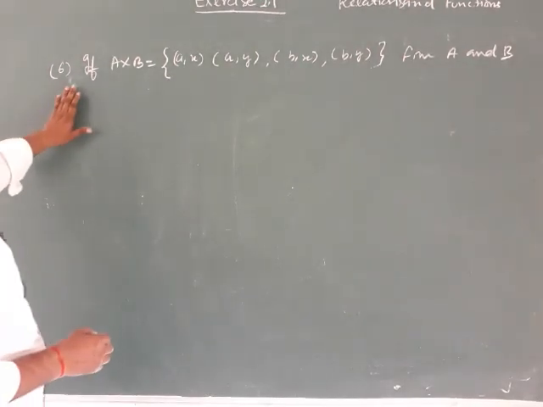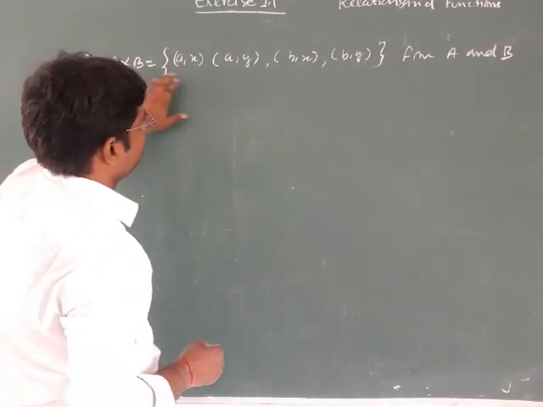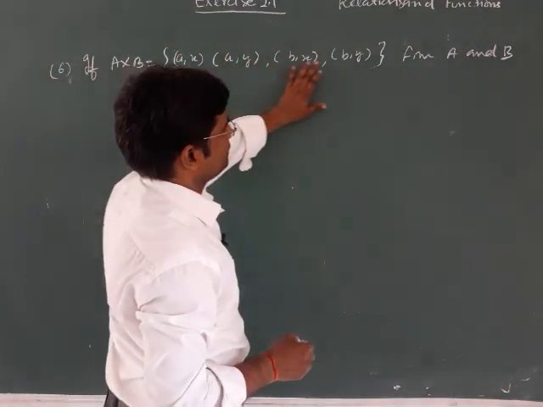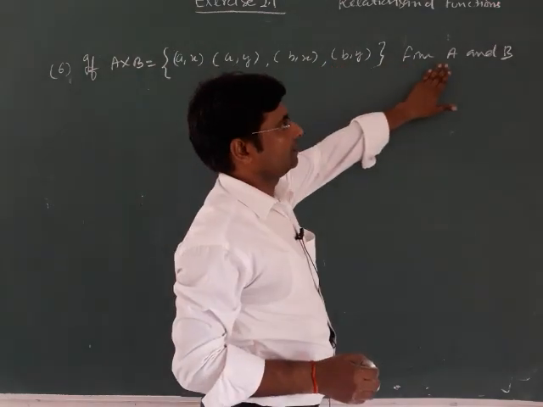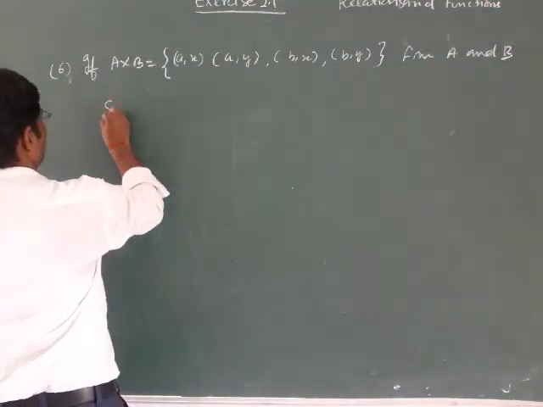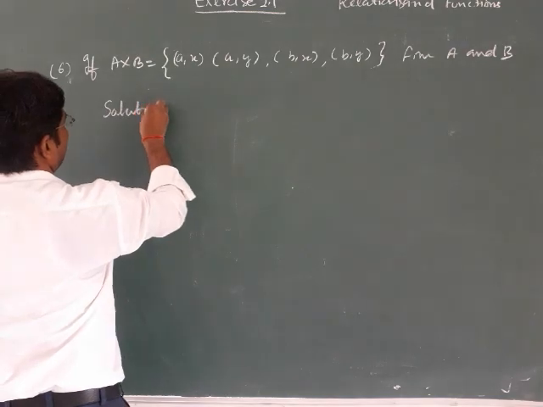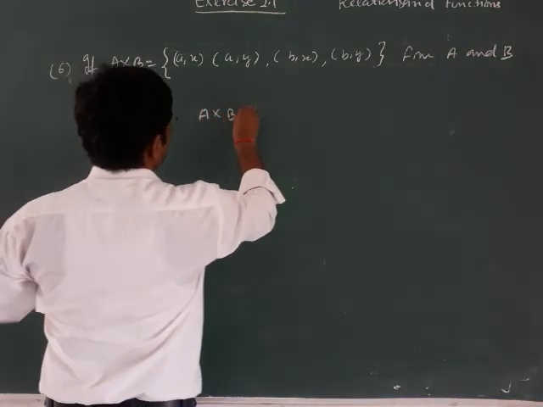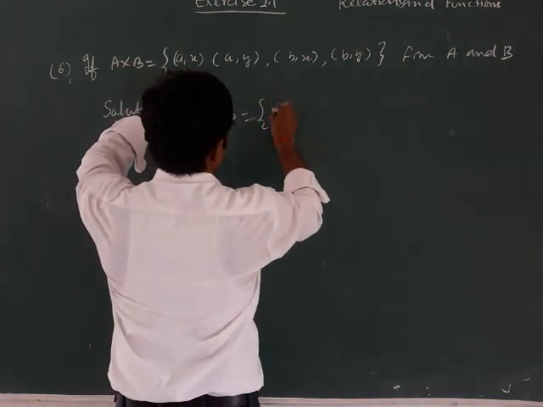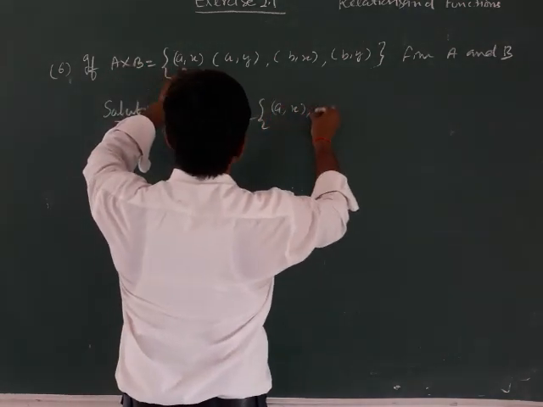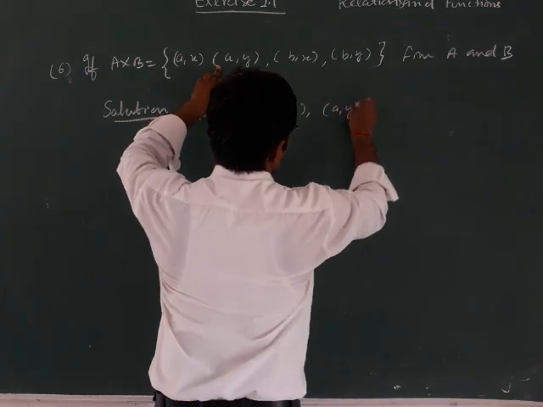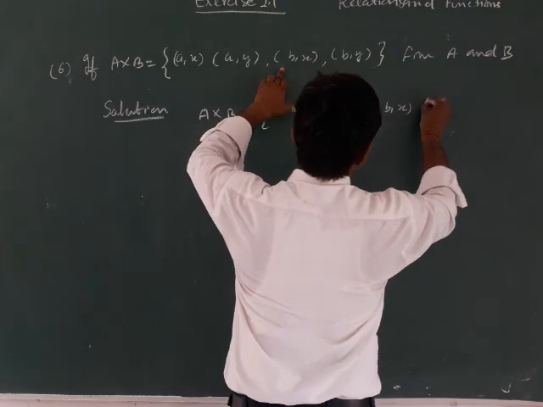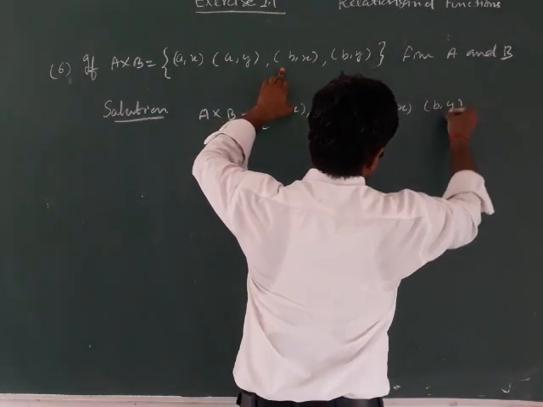Question number 6. If A cross B has ordered pairs of elements (a, x), (a, y), (b, x), (b, y), find sets A and B. Solution: given A cross B is equal to (a, x), (a, y), (b, x), and (b, y).